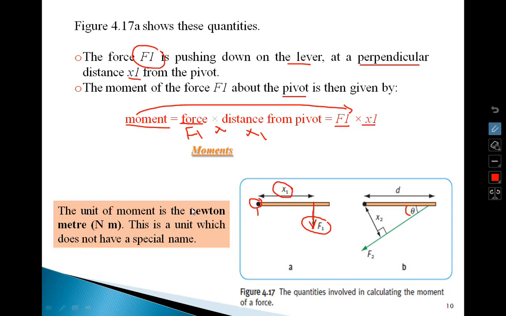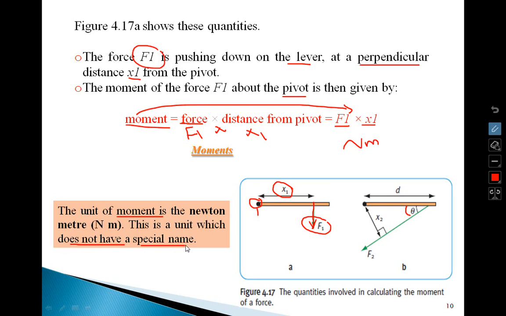What's the unit of a moment? The unit of a moment is Newton meter. This unit doesn't have any special name. It's not ohm, it's not ampere, it's not coulomb.